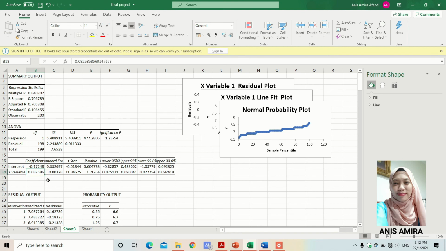Alpha is negative 0.17248 and our beta is 0.082589. The fitted regression line can be expressed as y hat equals negative 0.17248 plus 0.082589 times x.